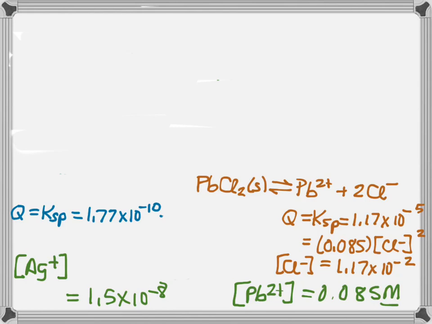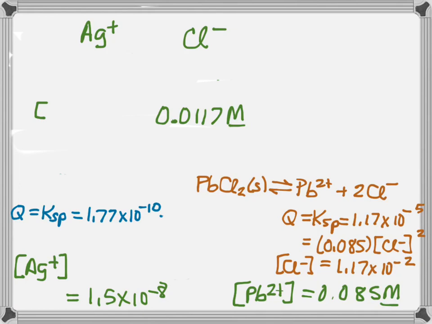Okay, let's try this again. So we've got silver, we've got chloride. The chloride ion concentration at equilibrium is 0.0117. We're going to add chloride until the concentration is 0.0117.